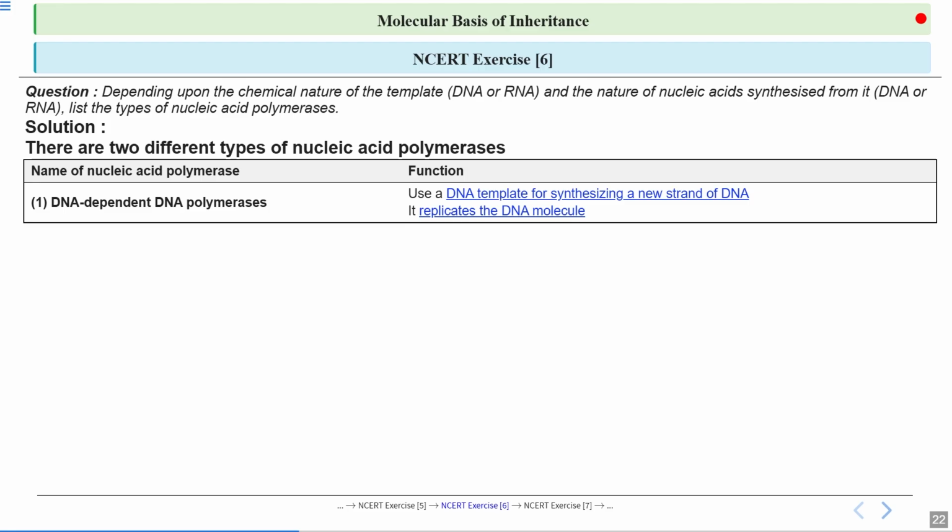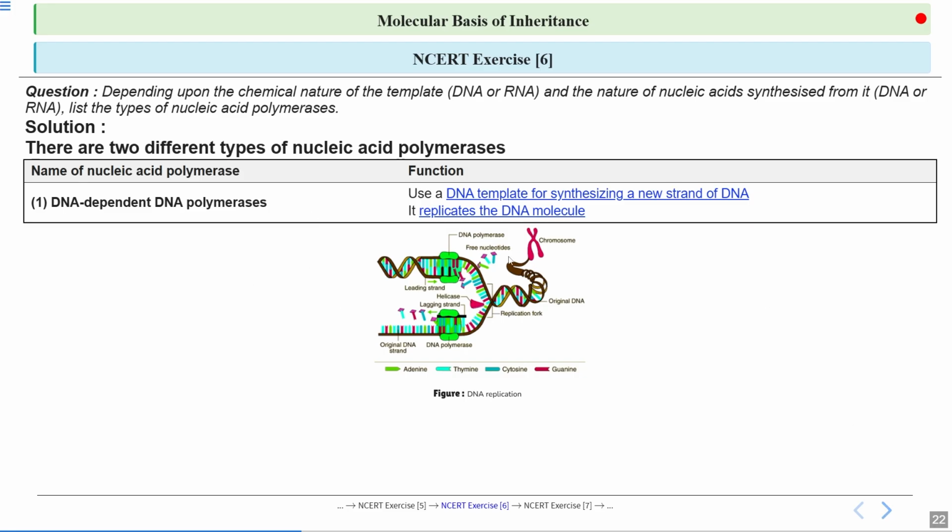So DNA dependent DNA polymerases use a DNA template for synthesizing a new strand of DNA, and it replicates the DNA molecule. This DNA dependent DNA polymerase comes into function during replication.